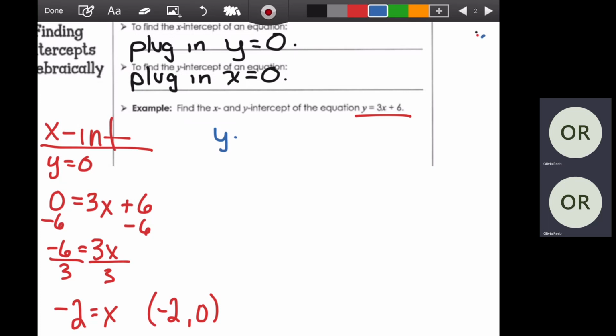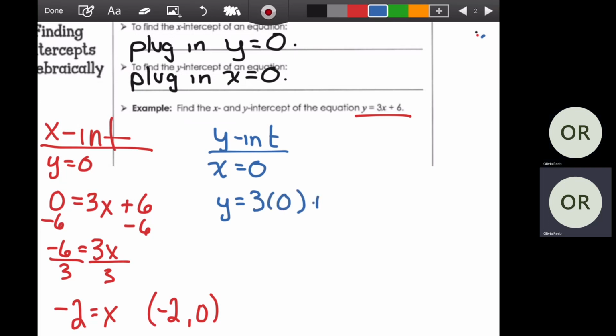Now for my y-intercept, I'm going to plug in where x is 0. And I'm going to do that because it cancels out the x of the equation, and we're left with just a y. So now we have y equals 3 times 0 plus 6.